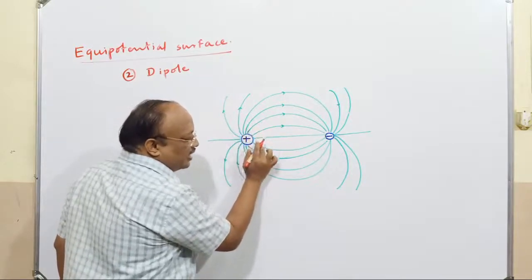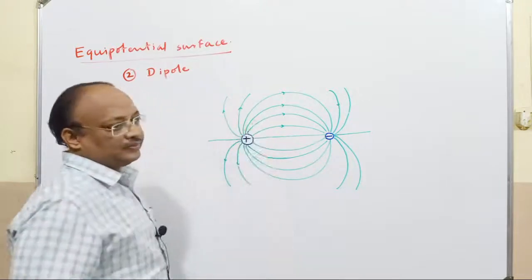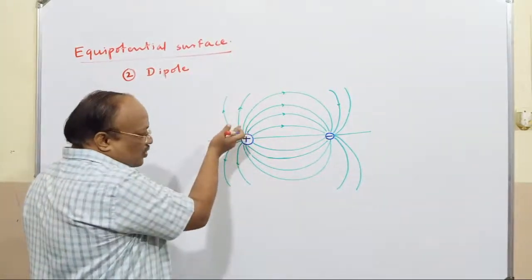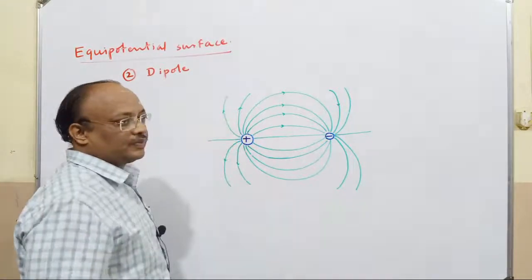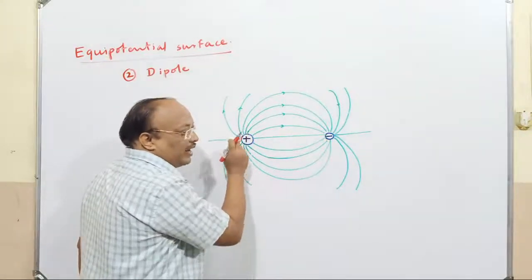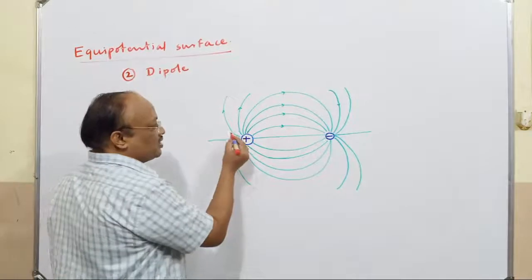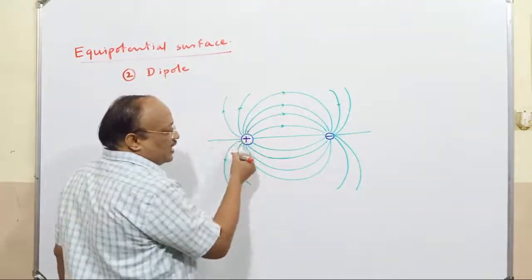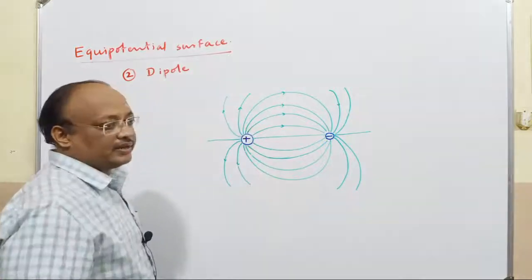At this area, electric lines of forces are dense, whereas when you come to this area, electric lines of forces become rare. In the sense, the field is less this side, the electric field is more this side.